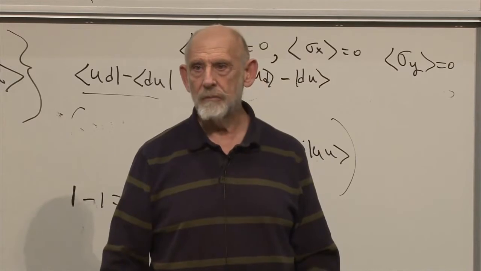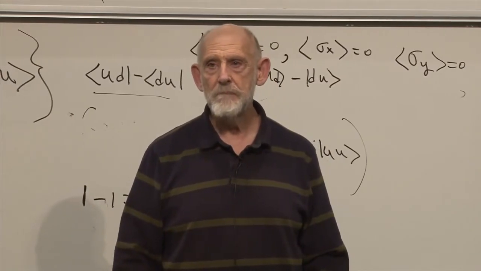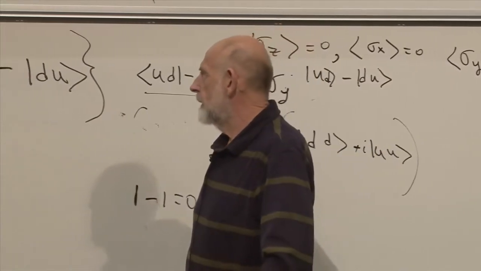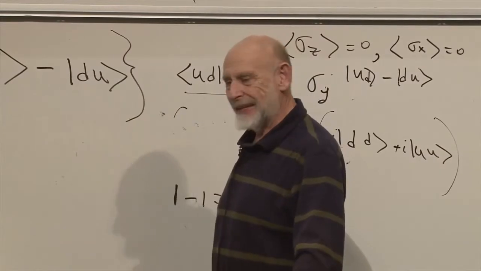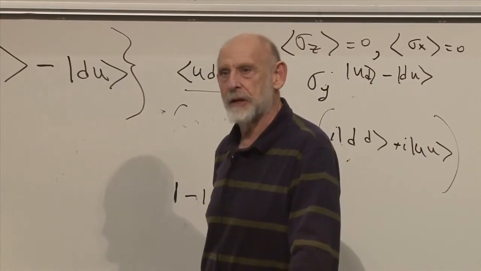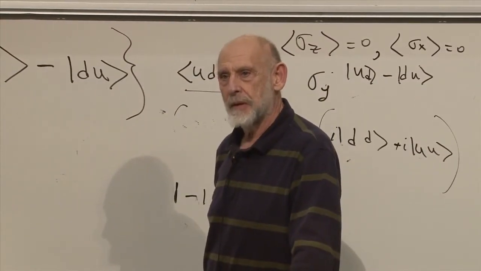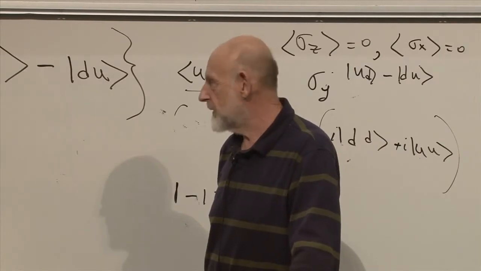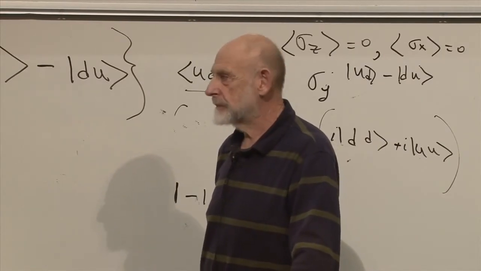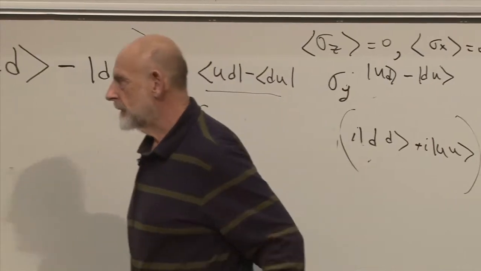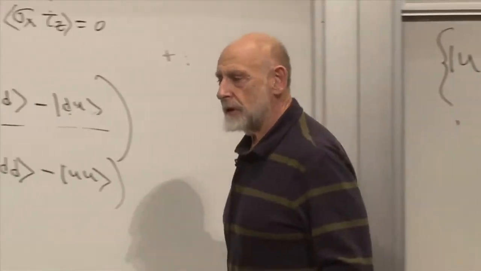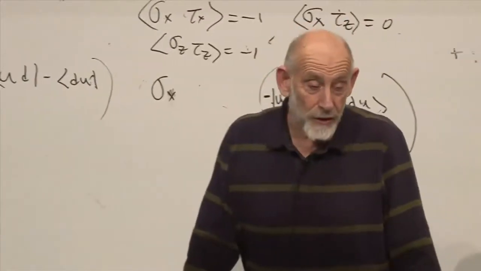Will any interaction lead to a state like this? Yeah, almost any interaction between the spins will lead to a state like that. Did you say it's a statistical correlation? Yes, it's a statistical correlation.